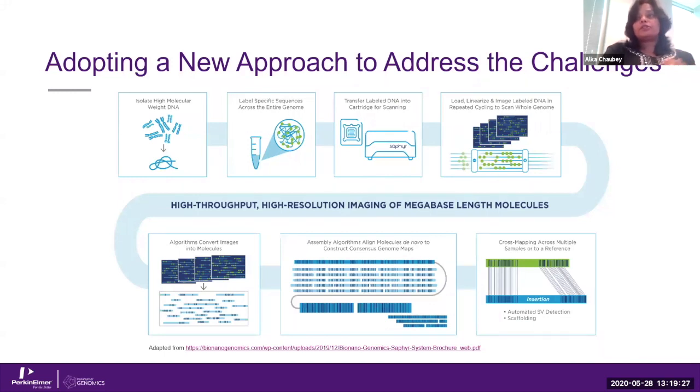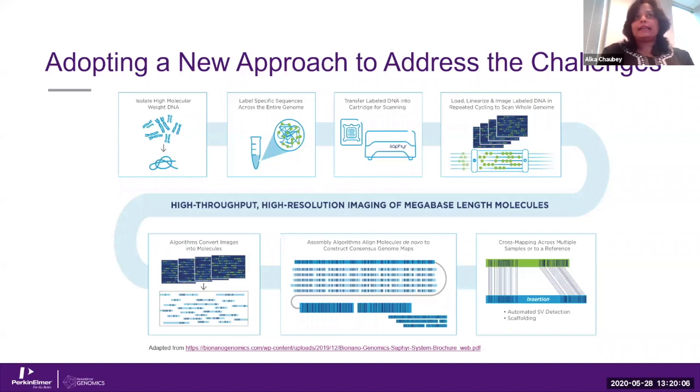So if we start from the top left, this technology utilizes a very special DNA isolation method. As you remember, we have to look for these D4Z4 array repeats on our DNA. So these high molecular weight long molecules are isolated and labeled with specific sequences across the genome. These labels are very unique and specific, and they have a unique pattern for every chromosome. And this has already been well established.